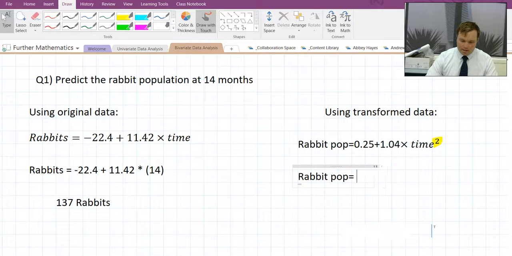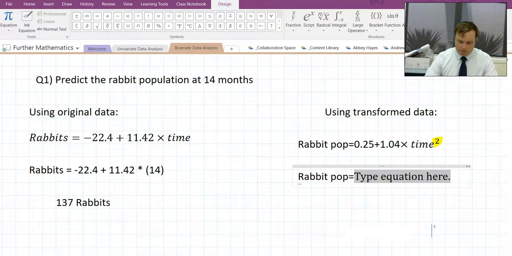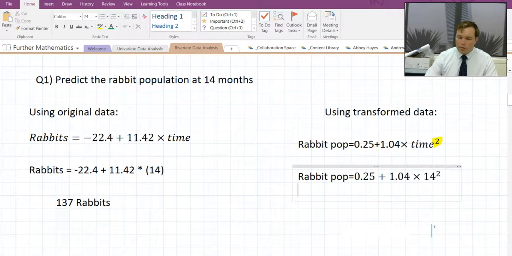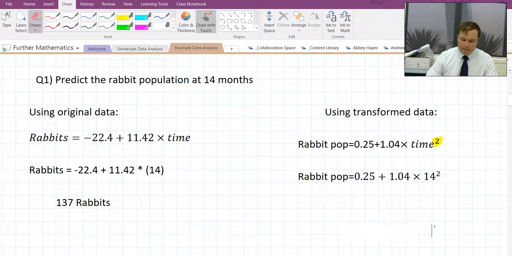Sorry, I'll do that in equation mode so you can see it. 0.25 plus 1.04 times 14 squared. So note, we've just replaced the time and substituted in 14. And if we put this into our calculators, it will come out with this, 204 rabbits.